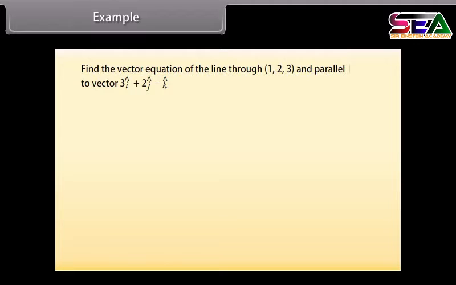Example. Find the vector equation of the line through (1, 2, 3) and parallel to the vector 3i cap plus 2j cap minus k cap. Solution. Given vector v equals 3i plus 2j minus k. Position vector r0 equals (1, 2, 3) equals i plus 2j plus 3k.